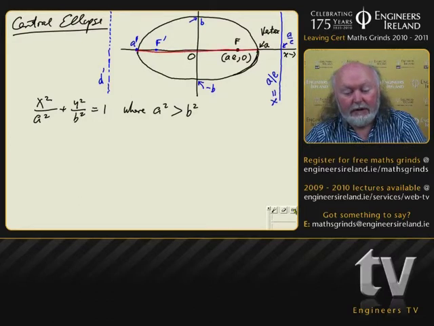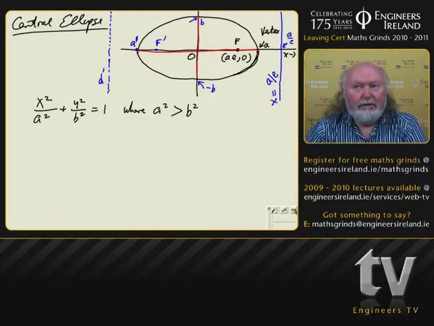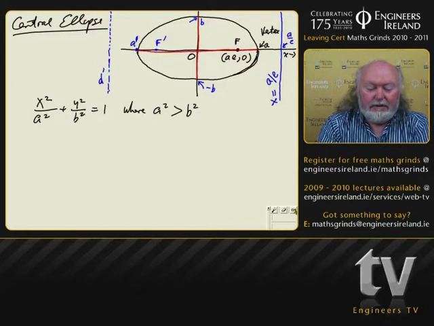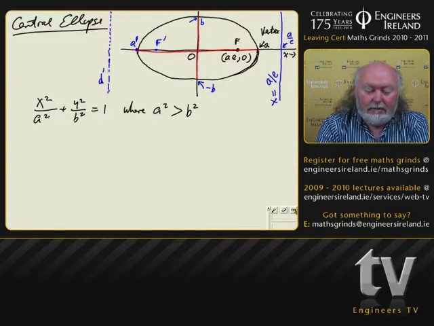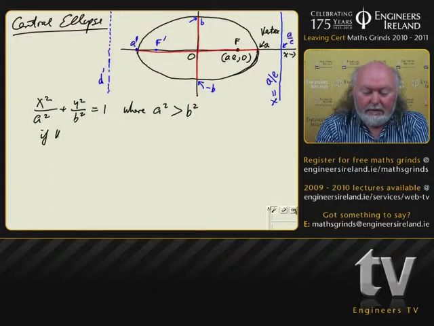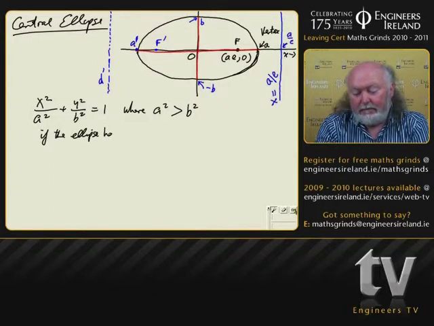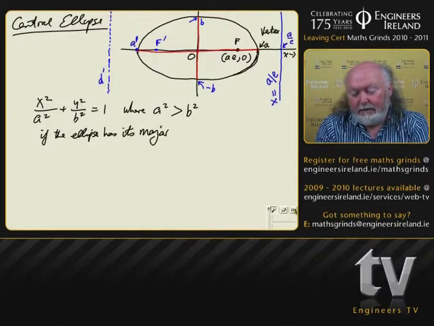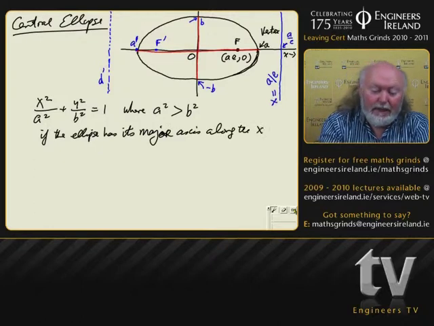This one here is the minor one. Because it's the minor one, the ends of the minor one are always called b and minus b. This is if the ellipse has its major axis along the x-axis. Okay?